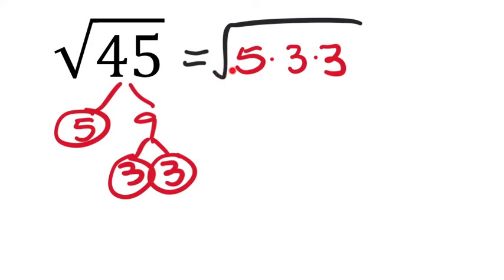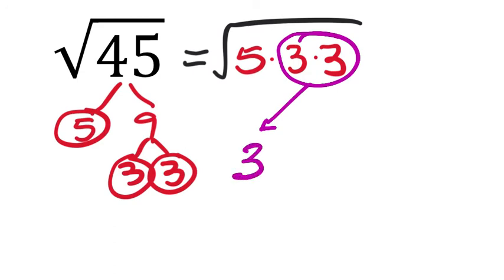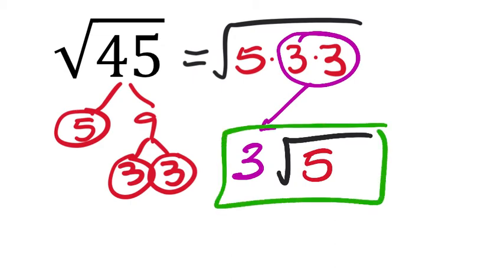I just changed the way it looked, right? 5 times 3 times 3 is 45. But now I see that I've got a matching pair of 3s here. And what I can do essentially is just pull this out. And then since the 5 doesn't have any matches, it has to stay on the inside of the square root still. So we end up with 3 times the square root of 5.